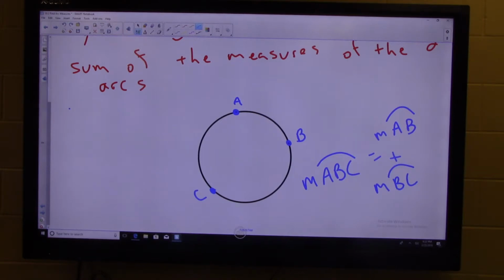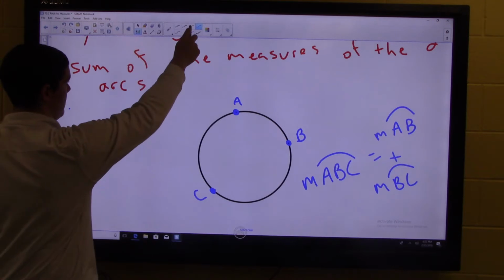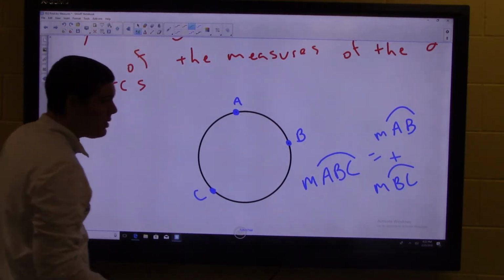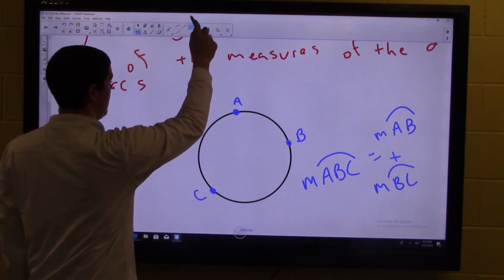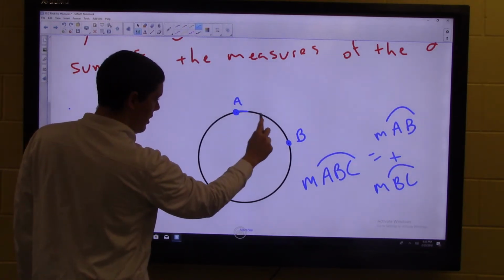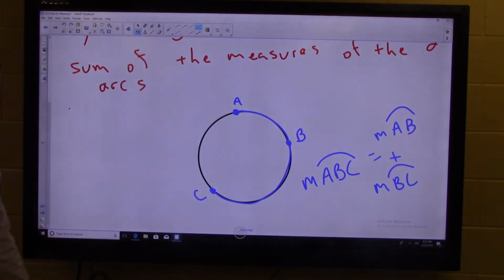All right. So what we're saying here, let me highlight this in different colors. The measure of arc ABC, so let's find ABC, I'll do this one in blue. A to B to C, that arc right there.